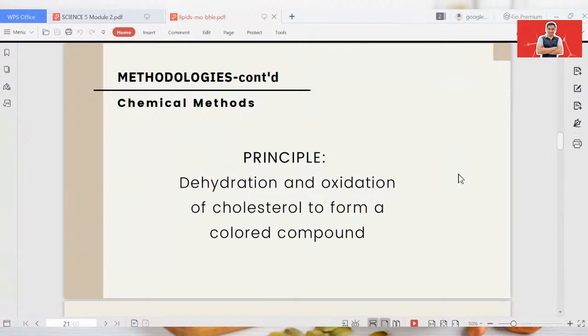So for our methodologies, for the chemical methods, the principle is dehydration and oxidation of cholesterol to form a colored compound.